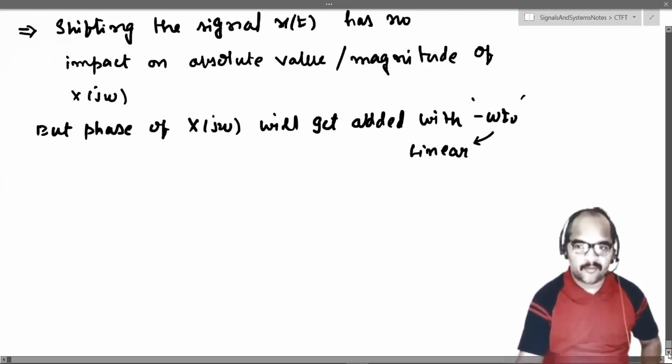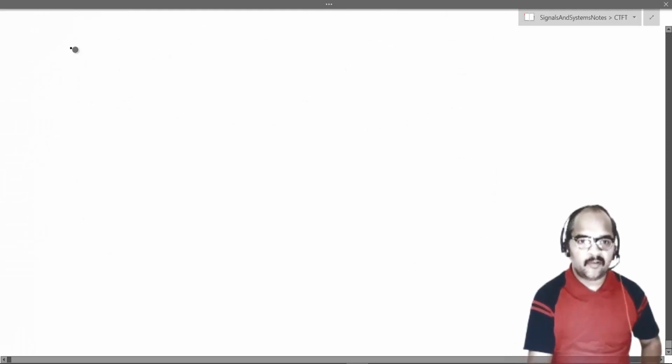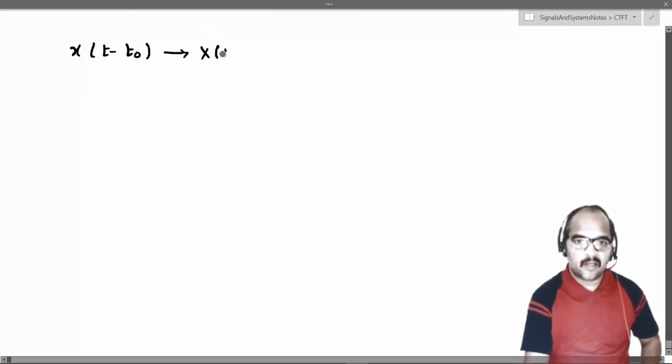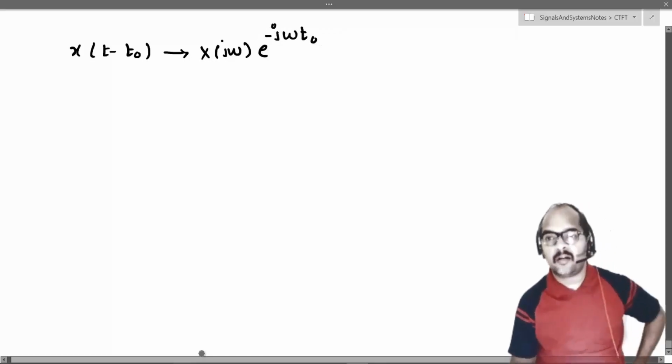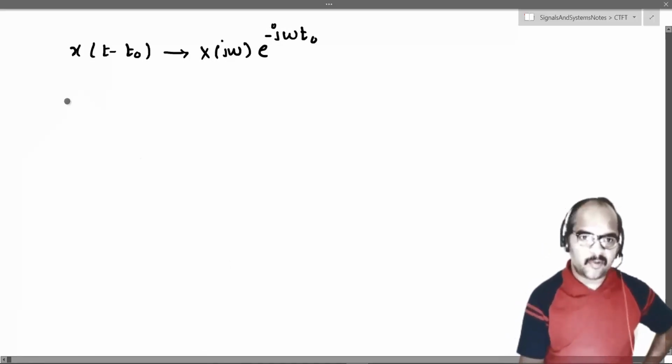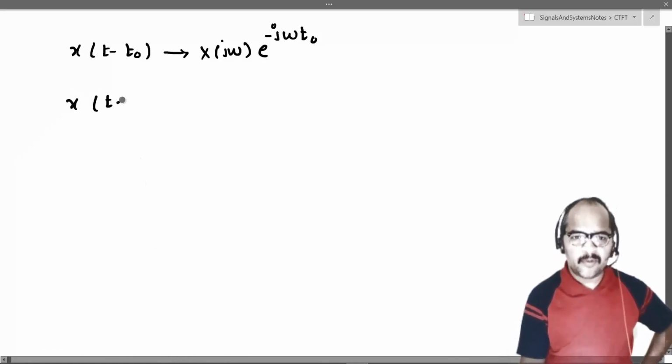Okay, yes. So let us summarize again. What did we get? X of t minus t naught will have X of j omega multiplied with e power minus j omega t naught as the Fourier transform. Similarly, what will be the Fourier transform of x of t plus t naught?